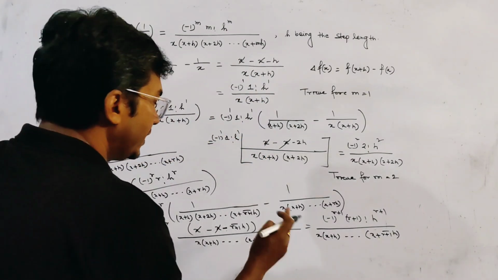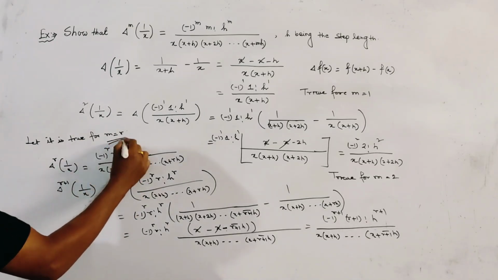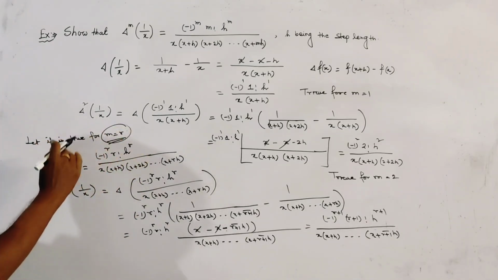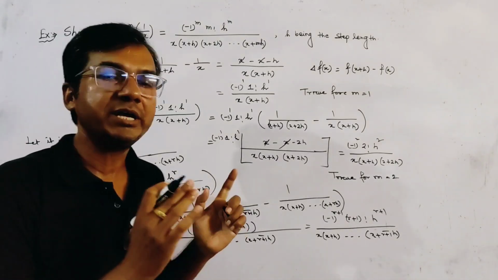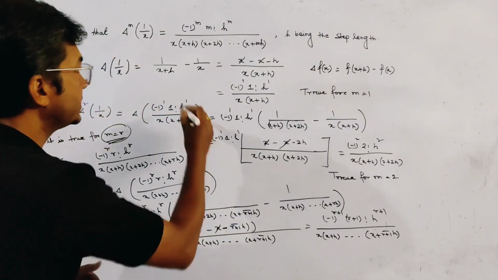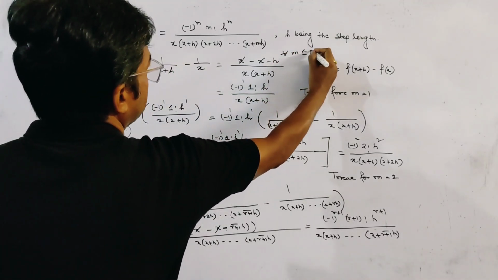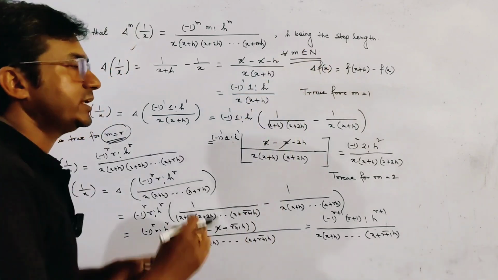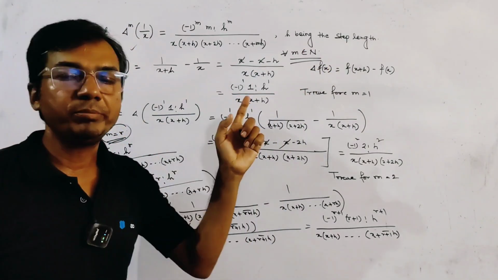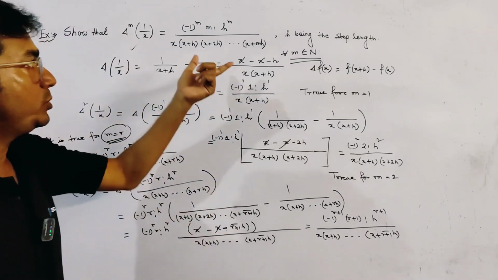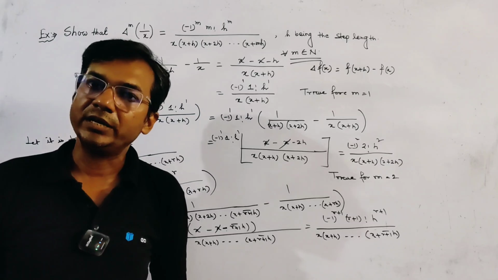Clearly, the relation is true for m equal to r plus 1 if it is true for m equal to r. So by the principle of mathematical induction, this relation is true for all m belonging to the natural numbers. This is the first law of induction. So we proved this result very easily by using the first law of mathematical induction.